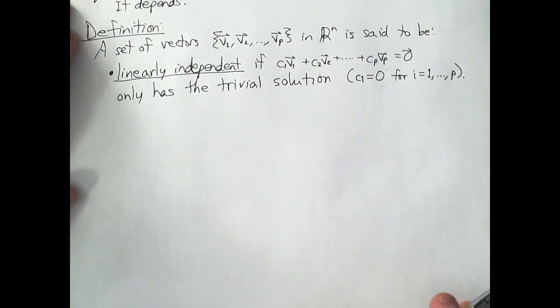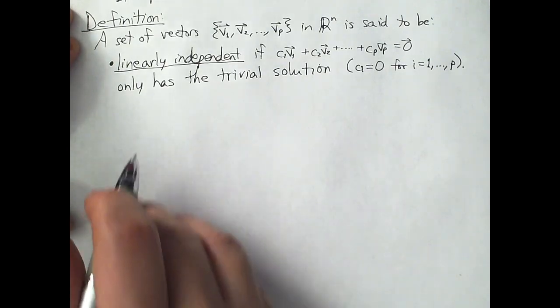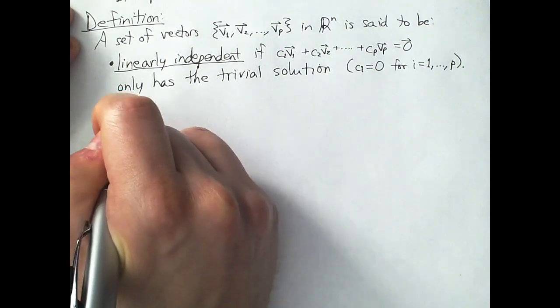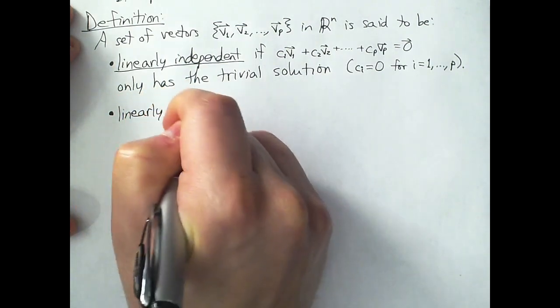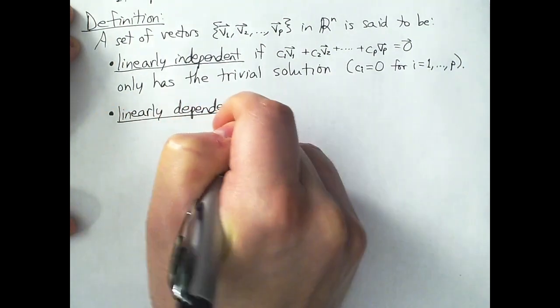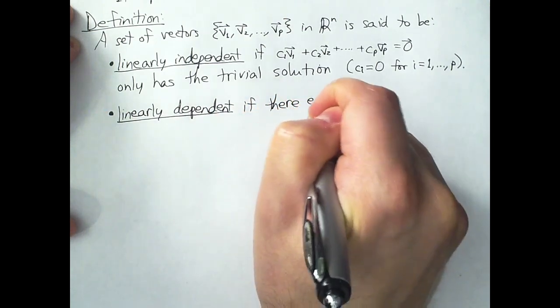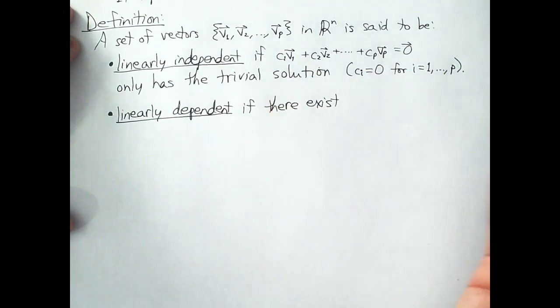So some sets of vectors will only have that trivial solution, and we say that that set of vectors is linearly independent. On the other hand, we say the set of vectors is linearly dependent if there exists, well, what do you think we're going to say? It's going to be if there are some scalars besides just the trivial solution.